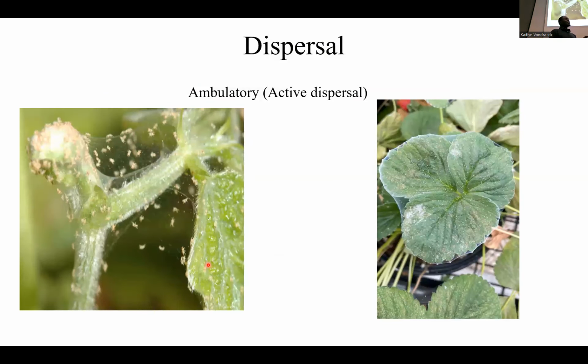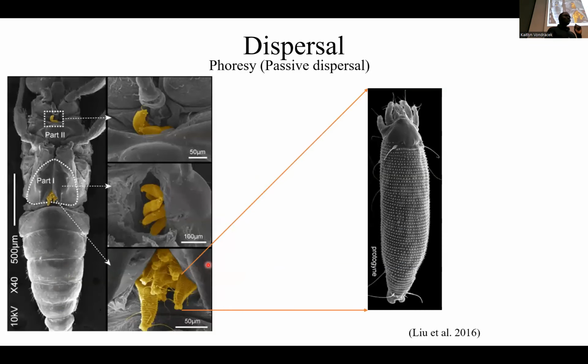But things get interesting when you look at dispersal. How do these mites really move from one place to the other? Most people are familiar with spider mites. They form the web, walk on the web, colonize the entire field. That is true. But then there is another exciting mode of transportation. For smaller ones that cannot really walk fast, they have to find a way to move, and they hitchhike on other insects.